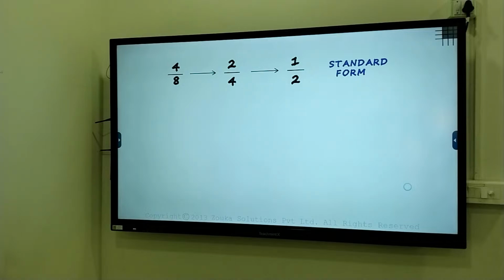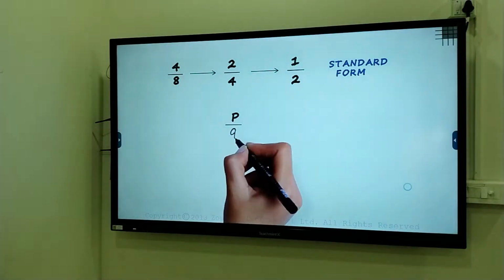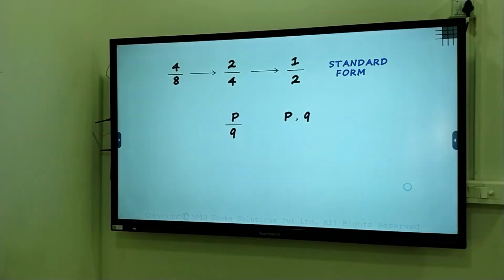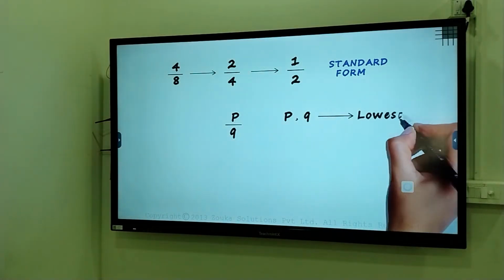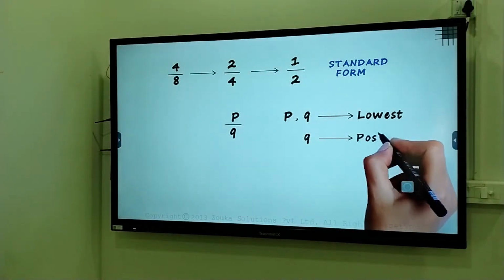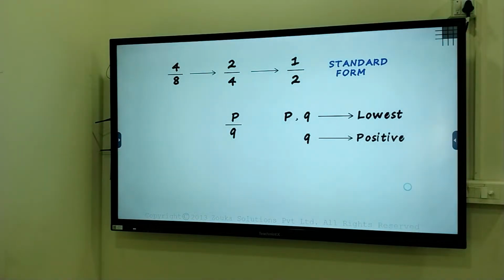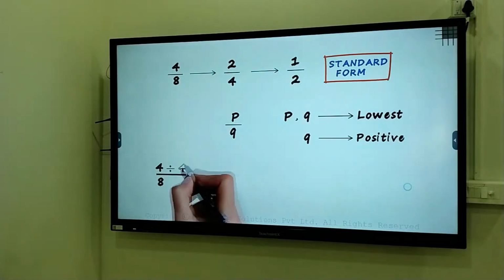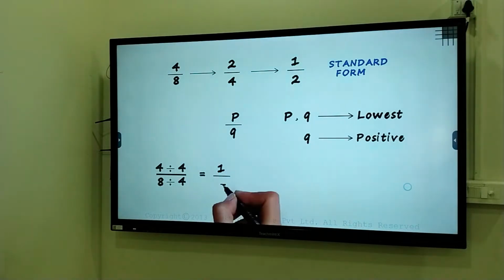The standard form of a rational number is defined as p by q, where p and q are the lowest possible integers, and q is always positive. The original fraction was 4 by 8. How do we reduce it to its standard form? We can divide the numerator and the denominator by 4 and get the answer as 1 by 2.